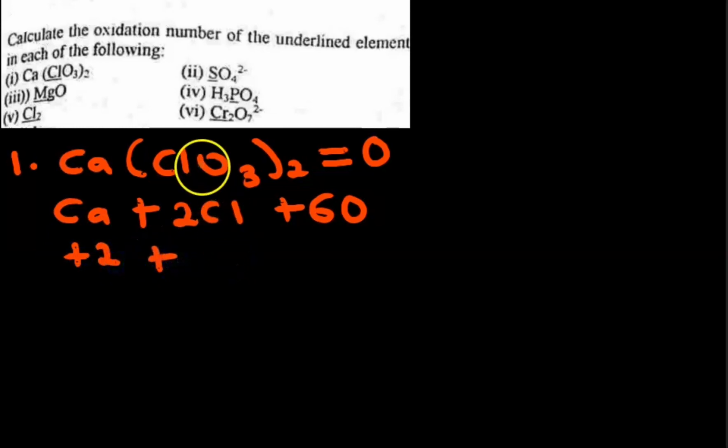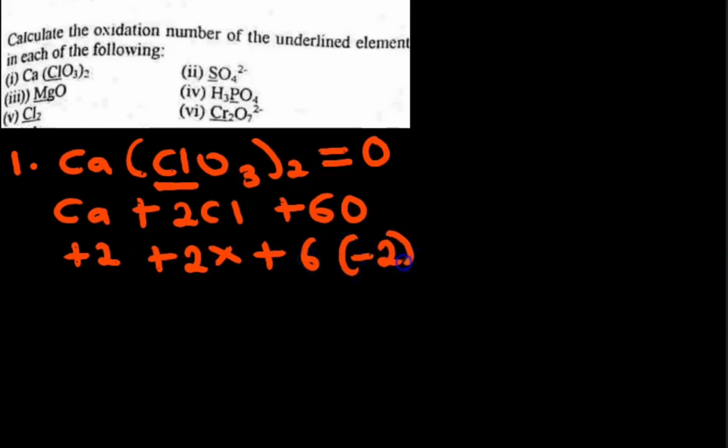Cl is the constituent that we are looking for, so we can turn it to X. So 2X plus 6 brackets -2. The oxidation number of oxygen is -2, except in peroxide or superoxide, and the compound we have here is not a peroxide, neither is it a superoxide. So we'll go with -2.